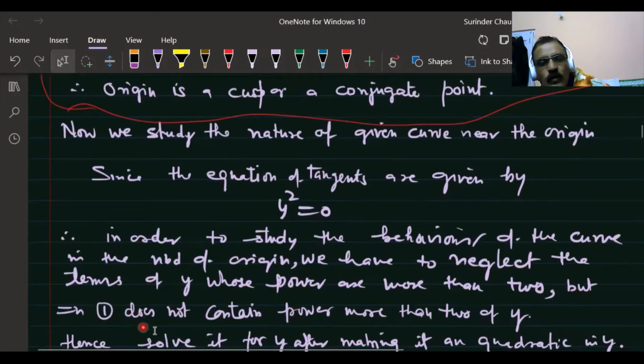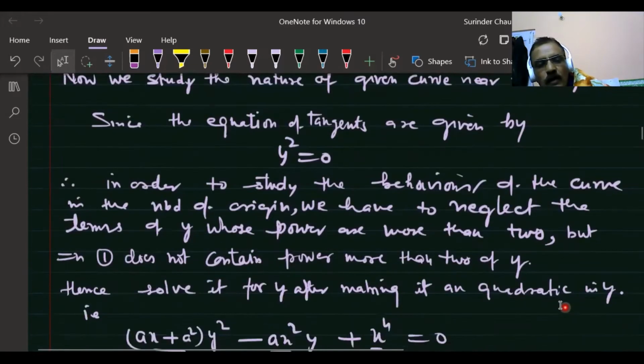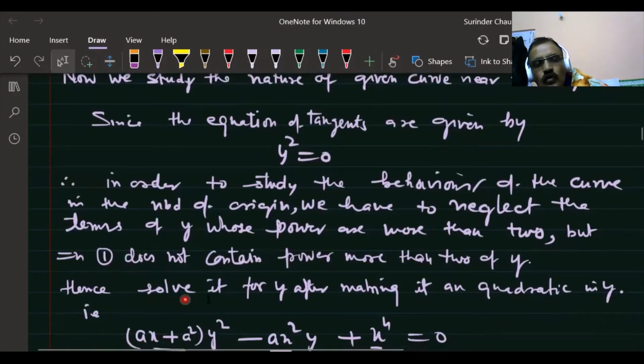But the equation does not contain power more than 2 of y. So straightaway solve it for y, making it quadratic in y.